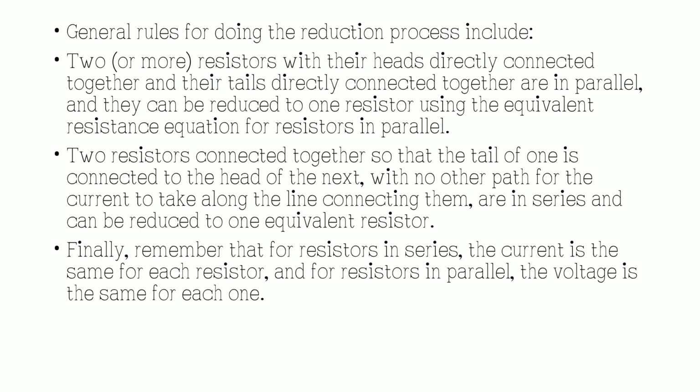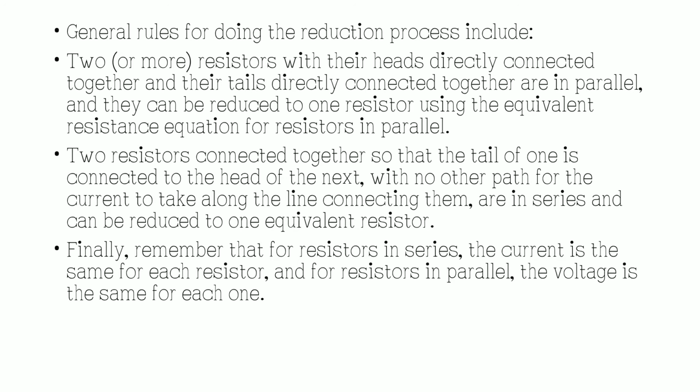So basically there are some general rules. Two or more resistors with their heads directly connected together and their tails directly connected together are in parallel, as we have seen before, and they can be reduced to one resistor using the equivalent resistance equation.